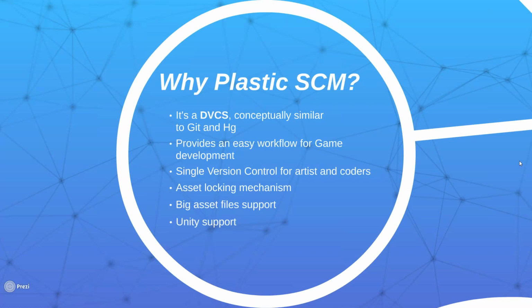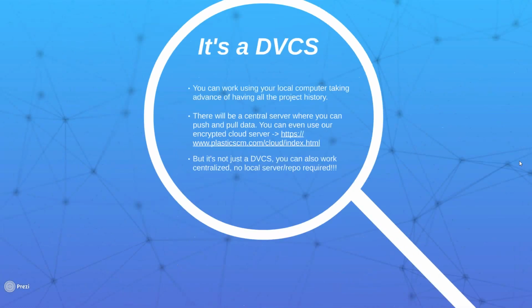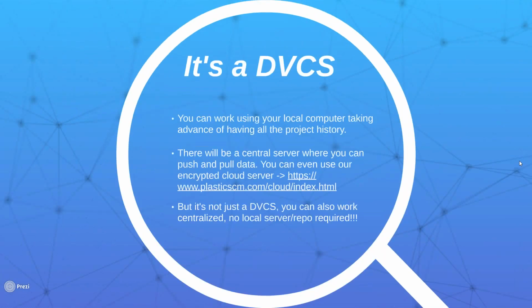And finally, we provide a Plastic SCM plugin for Unity. We are going to be doing a demonstration about Unity as well as the new Gluon GUI. And if you have any question, as we said, please don't hesitate to ask us. Okay, so let's move forward and continue.